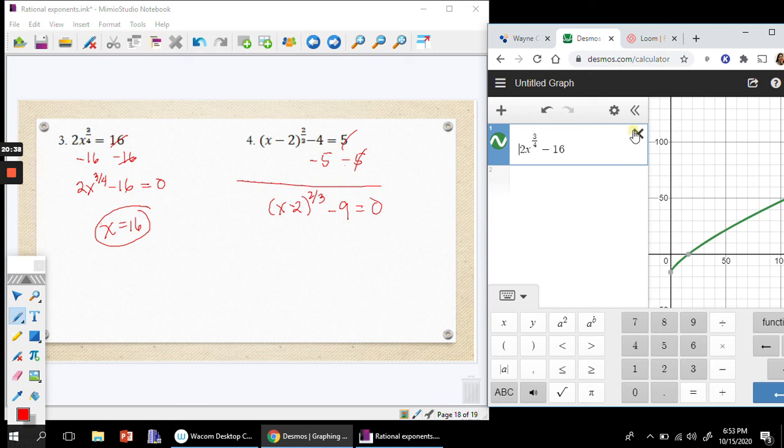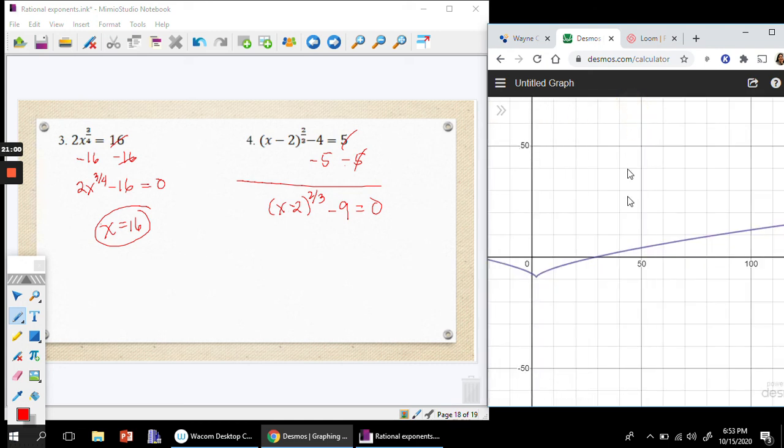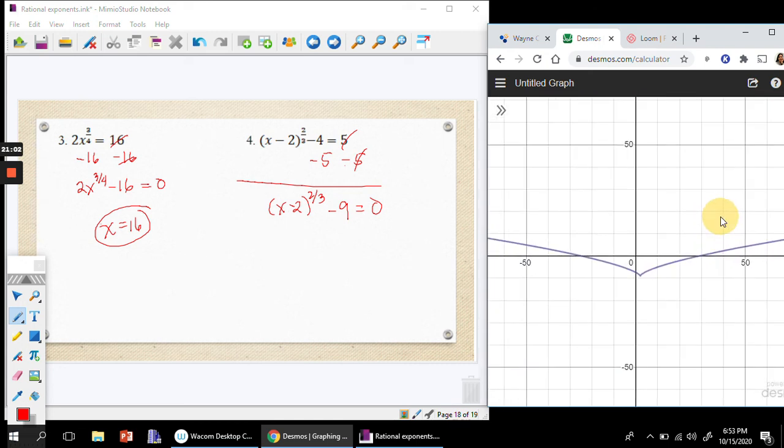Okay, so that will be (x minus 2), close parenthesis, then to type in an exponent, a raised to b, 2 divided by 3, minus 9. Right? So as you can see here, this is the graph.